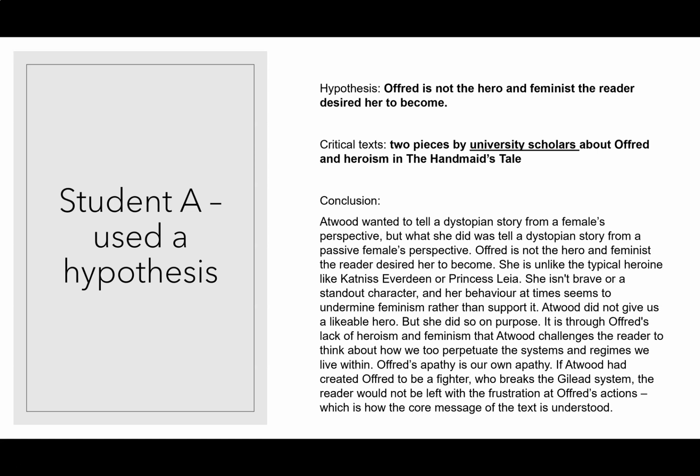They've done a really good job here, basically proving their hypothesis to be right, but also saying that this was actually a really clever way of doing it. Those types of conclusions, that type of thinking, is what we would like to see when you're working on the critical text.